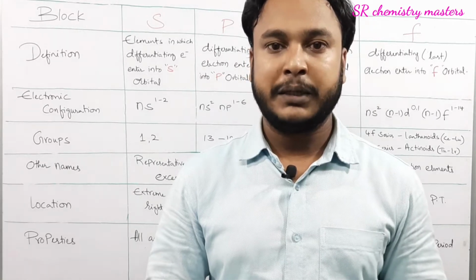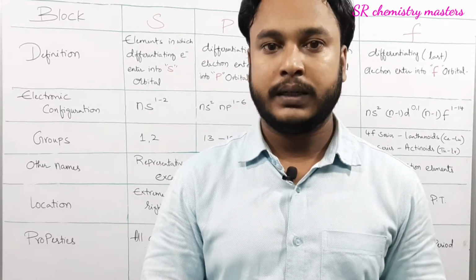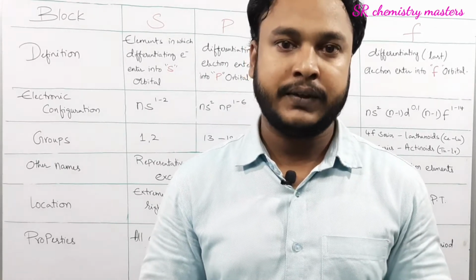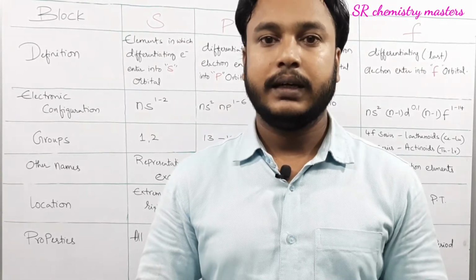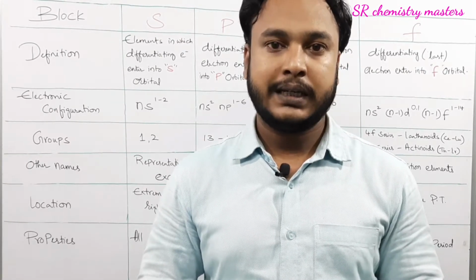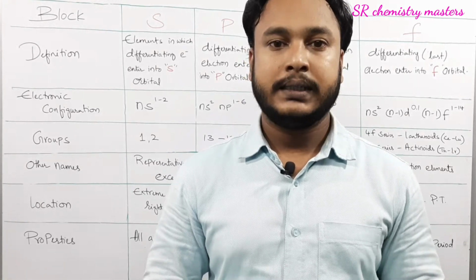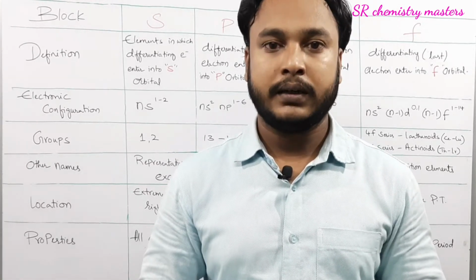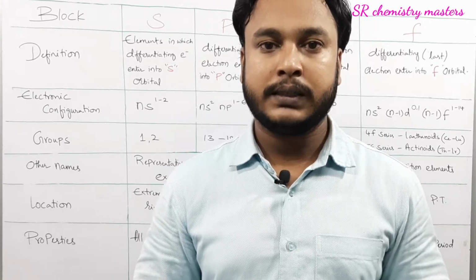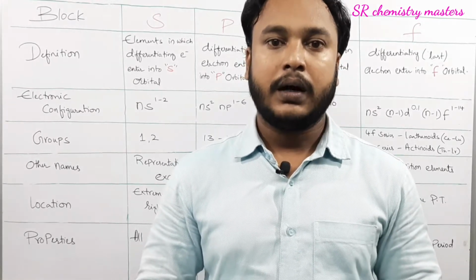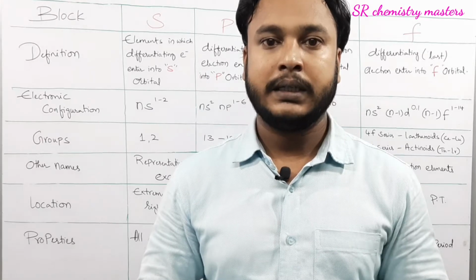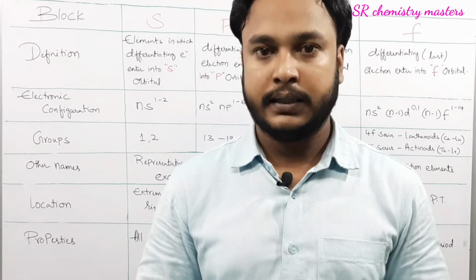That electron which is making the difference between nitrogen and carbon is considered as the differentiating electron. In the same way, every element differs from the adjacent element by one electron. That electron is considered as the differentiating electron, or in simple words, the last electron of the atom or the element is considered as the differentiating electron.